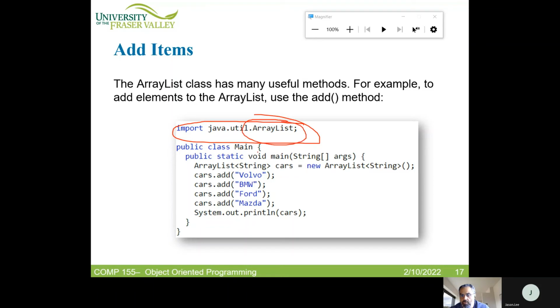The ArrayList has an add function. It will take any value, but it must be the same type as you have already declared for the ArrayList. So if you have a list of String, you should pass only string values. And you can add as many values as you want.